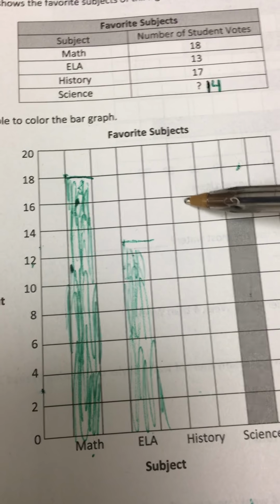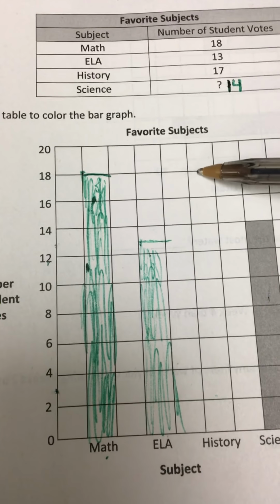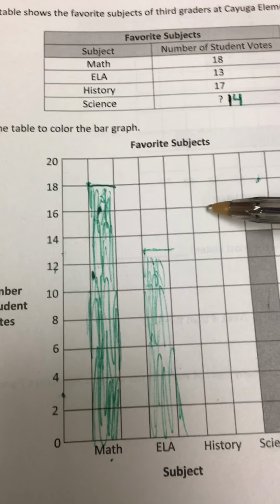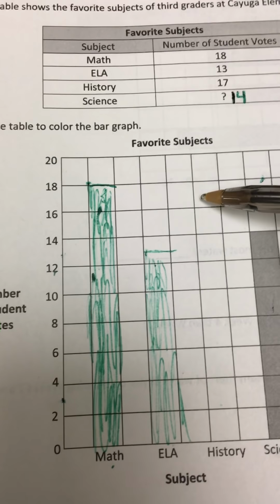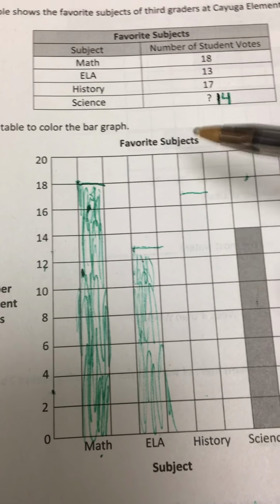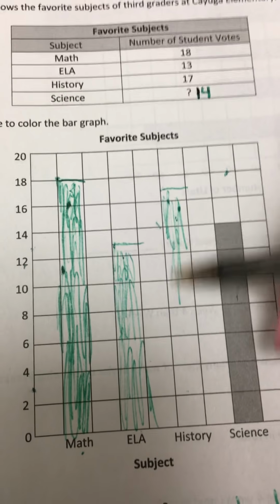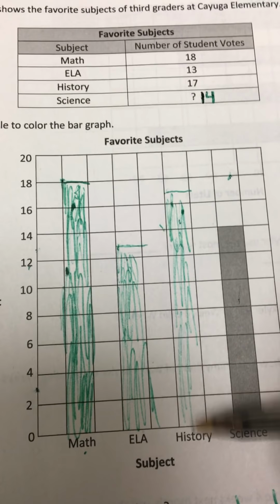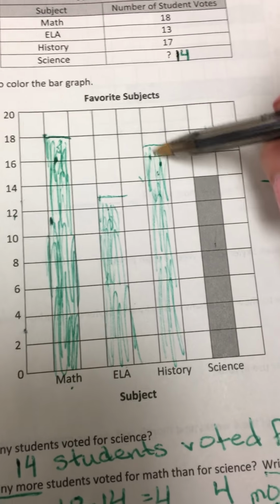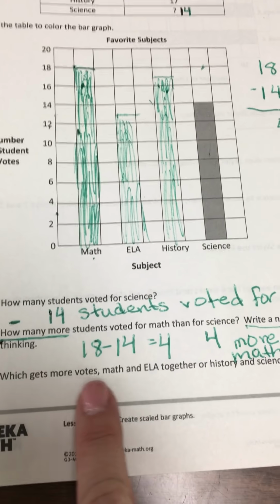If I stop here on this line, that means 16 people like history, but if I go up to here, that means 18 people like history, but I only need 17, so 17 would be right in between them, right here. So 17 people picked history. Okay, so when you're done, your graph should look kind of like this. Okay, then I can go through and figure this out.